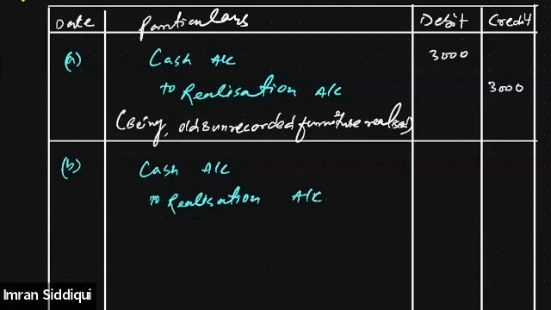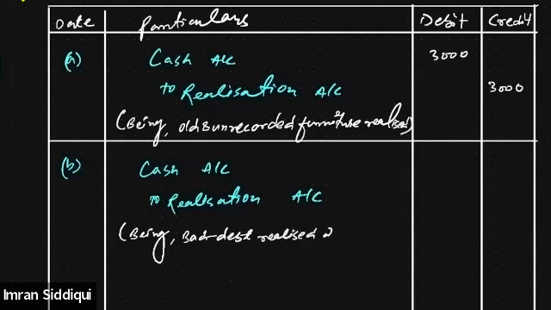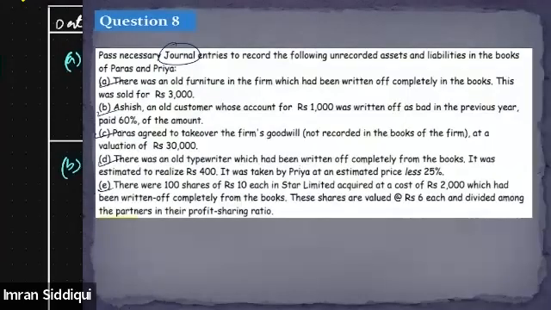There's cash account debit to realization account, and the narration will be being bad debt realized at 60%. What was the value of the latter? Value of the latter was 1000.